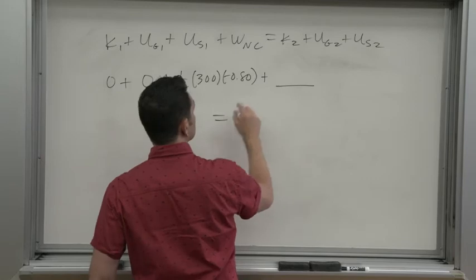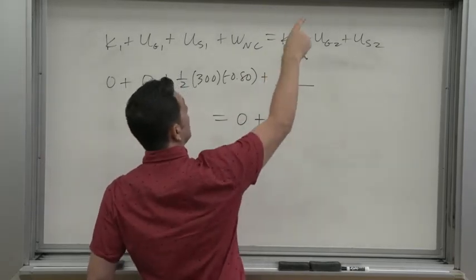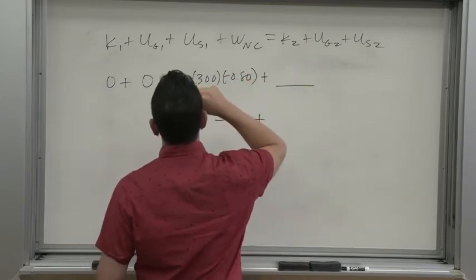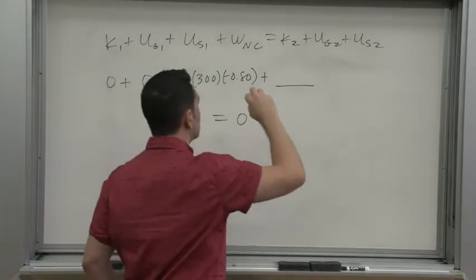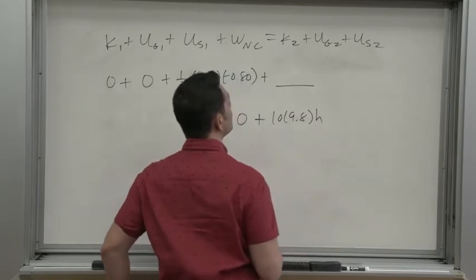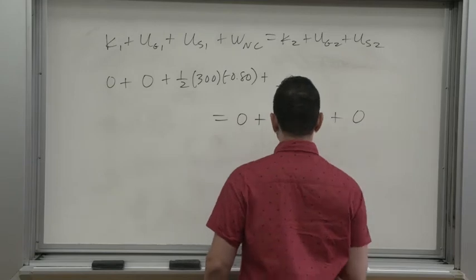That's equal to the final kinetic energy, which is 0, plus U gravitational 2, which is m times g times h. Again, this is the 10 kilogram mass from before, so it's 10 times 9.8 times h, plus U spring 2, which is 0.